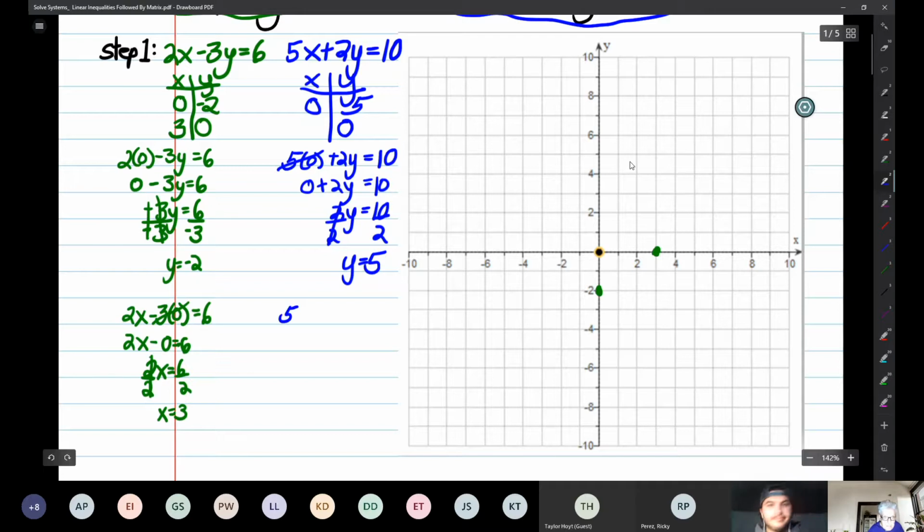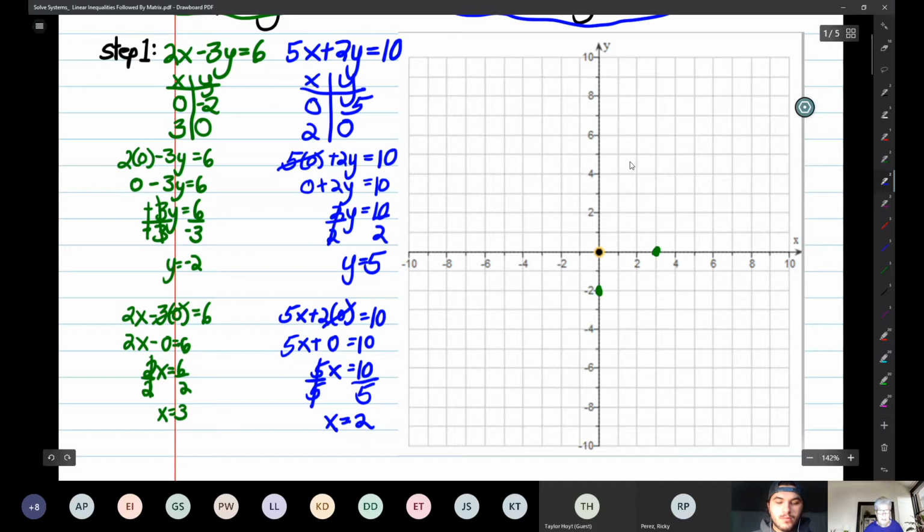I will have 5x plus 2 times 0 equals 10. 2 times 0 is 0. 5x plus 0 equals 10. So 5x equals 10. Divide both sides by 5. And so x equals 2. And then I save before I lose all this.